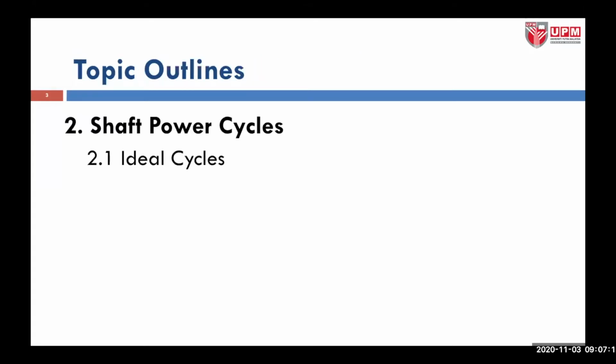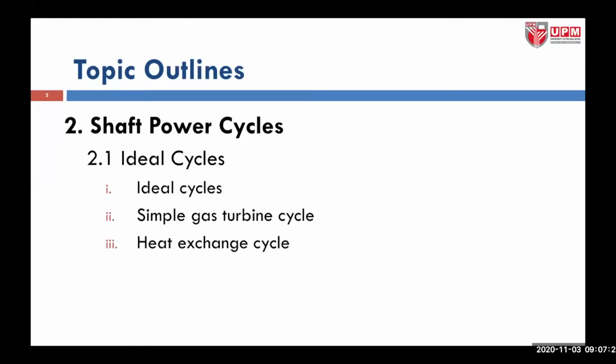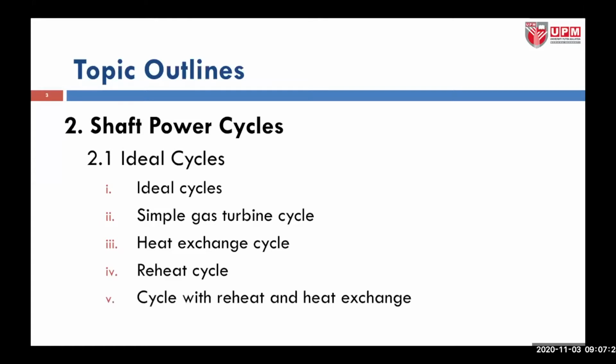So for today, we are going to look into the first one, which is the ideal cycles, being divided into ideal cycle, simple gas turbine cycle, heat exchange cycle, reheat cycle, and cycle with reheat and heat exchange. And we will continue after the short break, probably at around 10 a.m., after we have our quiz, and then we will continue on 2.2.